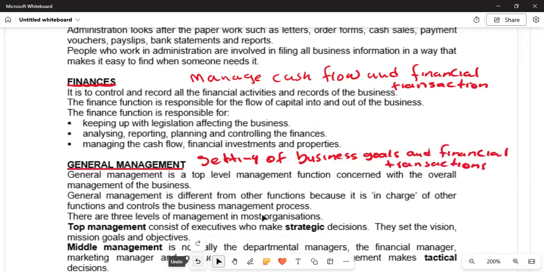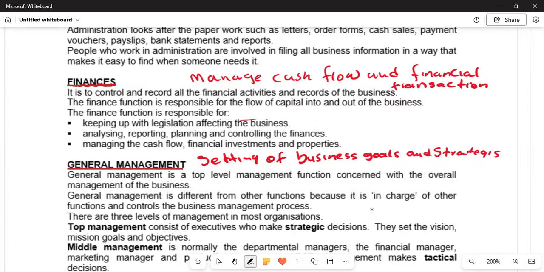Setting of business goals and strategies. So with this one, we say the setting of business goals and strategies.